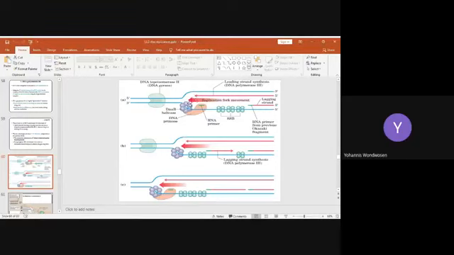DNA B or helicase is a major unwinding enzyme of the double strand of DNA, as we said. DNA primase is there. The DNA primase can also be used to synthesize the RNA primer on the growing chain. There are single strand binding proteins, which can keep the strand as single.